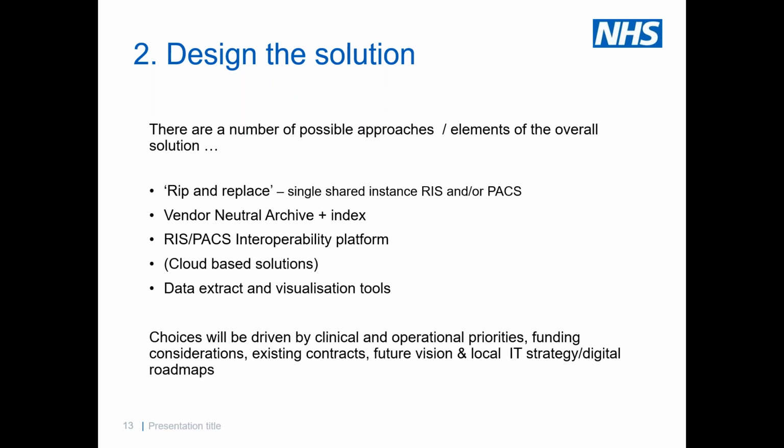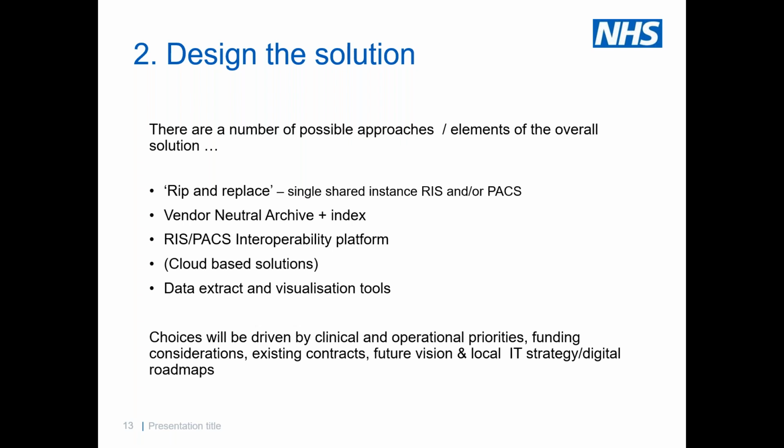So there is the so-called rip and replace model, whereby all PACS and RIS across your network is pulled out and replaced with a single instance solution or a shared instance solution. Now that has an awful lot of benefits, undoubtedly, but it's a very big project to take on, and it might not fit with your existing contractual arrangements or the wishes of your organisation.